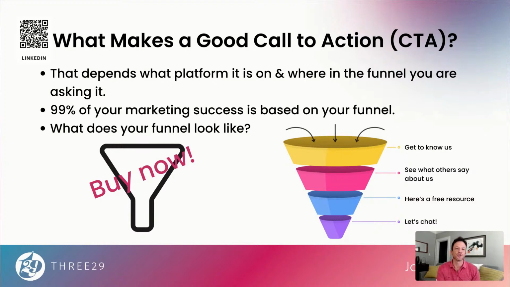And you could add a CTA there where it's like, hey, join our email list, or something that's low level, not buy from us. And then the blue one, the next ring in the funnel, here's a free resource, like a value add. And then the last ad that people see can say, let's chat, or book a demo, or buy this service.